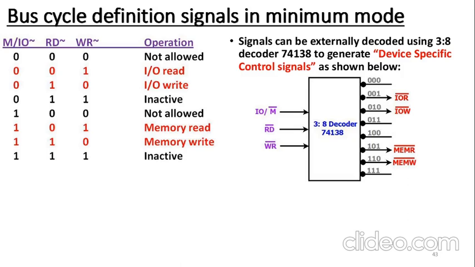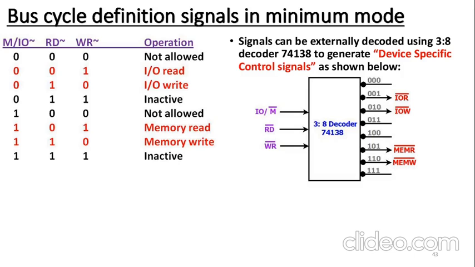And then 3 to 8 decoder, its corresponding output lines you can observe pertaining to that red colored entries from the table. 001 is IO read operation. So the second output of that decoder, which is active low output 001, that defines IO read bar control signal here.